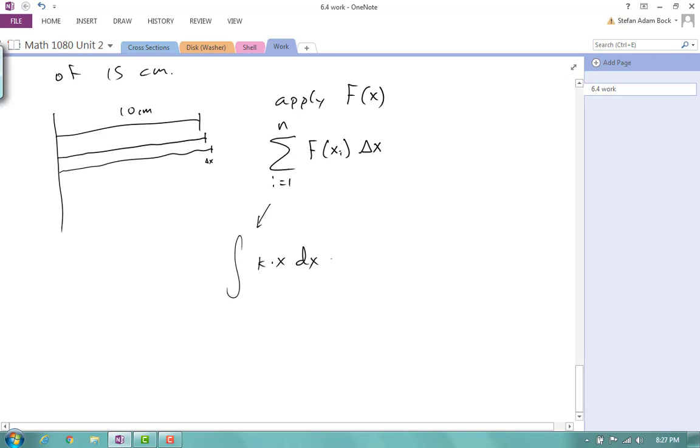Now the k is easy because I told you what it was for this problem. So this is the integral of 20 times x dx. But now the question is, well, what are my bounds? Do I go from 10 to 15? Well, no, I don't. Because this applies k times x, where x is the distance past equilibrium.